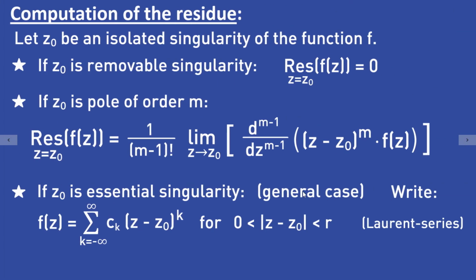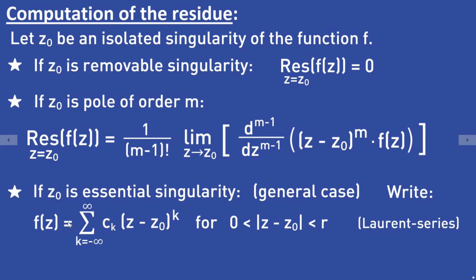That means you write f of z as the series from k equals minus infinity to infinity of ck times (z minus z0) to the power of k, where the absolute value of z minus z0 is larger than 0 and smaller than some real number r. That's called the Laurent expansion of f at the isolated singularity z0.